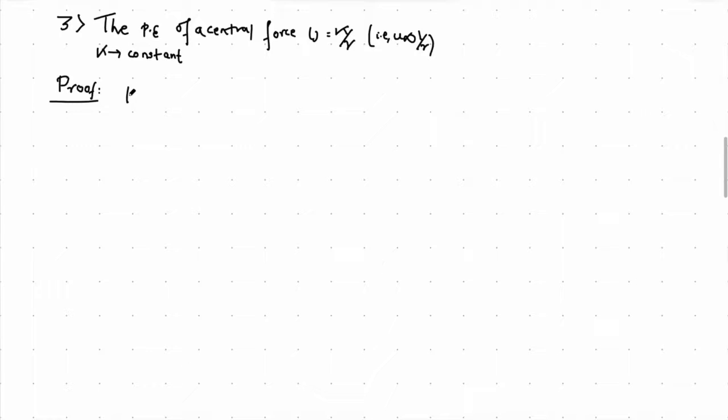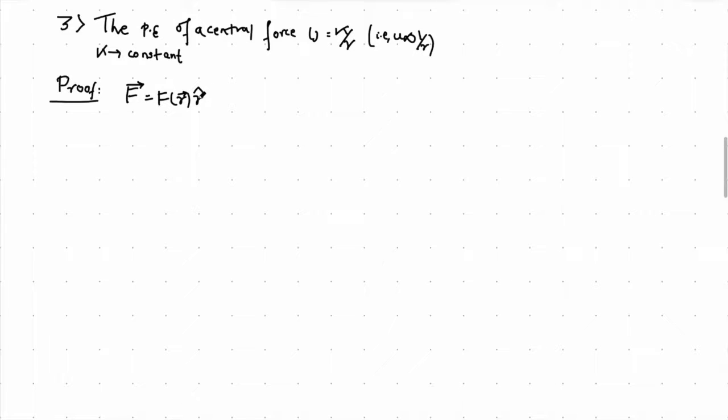So the force that we are talking about between two masses or two charges is equal to nothing but a function of position, F of r, into whatever is the direction. It's a vector quantity, so we have to represent it in terms of direction.